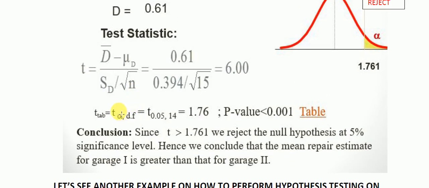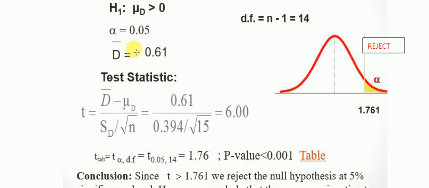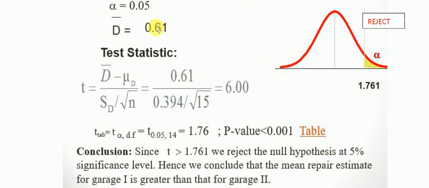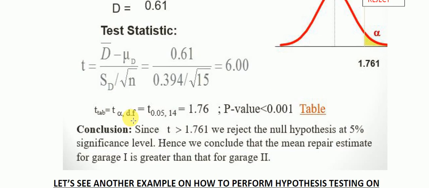The alpha will be given in the question, like over here we have 0.05, which is the value for alpha. And degrees of freedom for a dependent samples t-test is calculated by subtracting 1 from the number of pairs of samples.